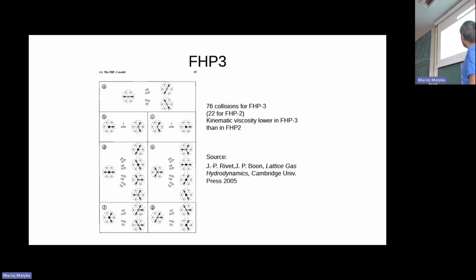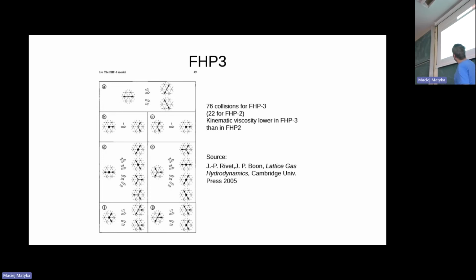There are also possibilities that are stochastic, so you can choose the collision with a given probability. That actually gives a lot of input into the model, because it becomes not deterministic anymore.